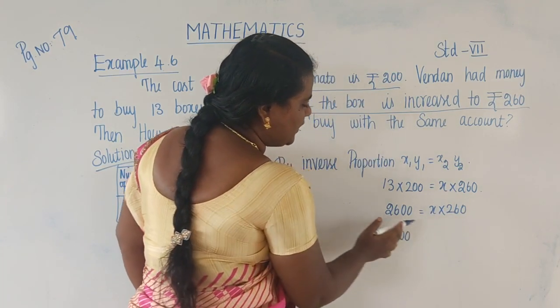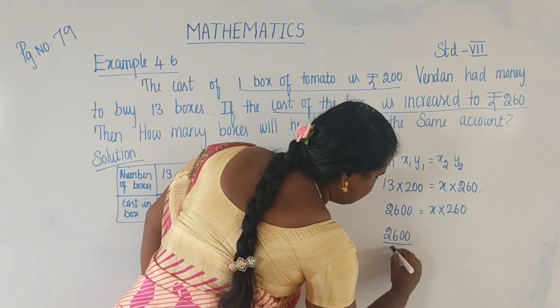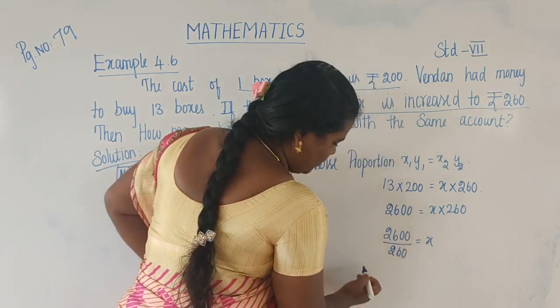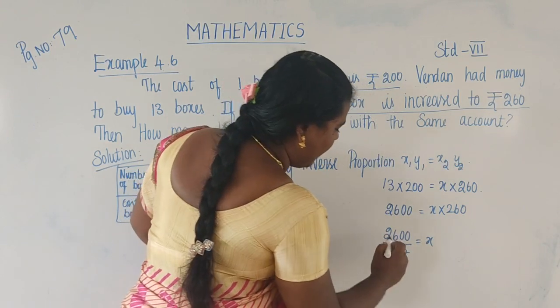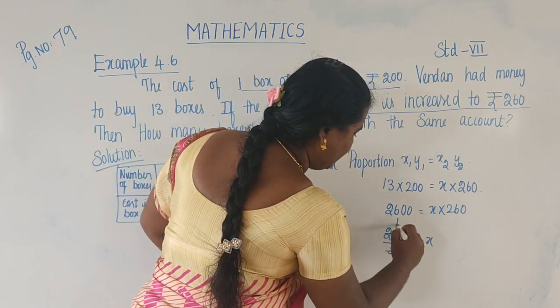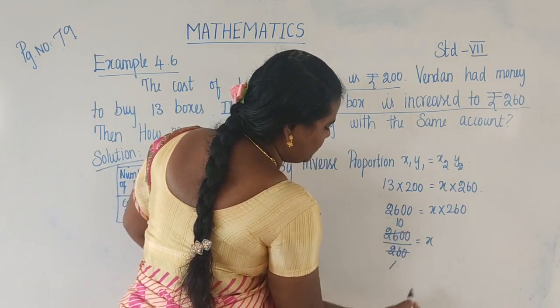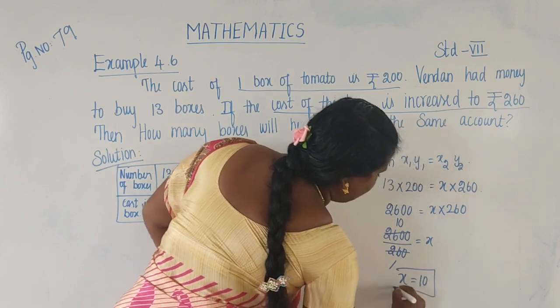So this goes to the other side, so divided by 260. 260 divided by 260 is 1, and 26 divided by 26 is 1, and a zero. So x equals 10.